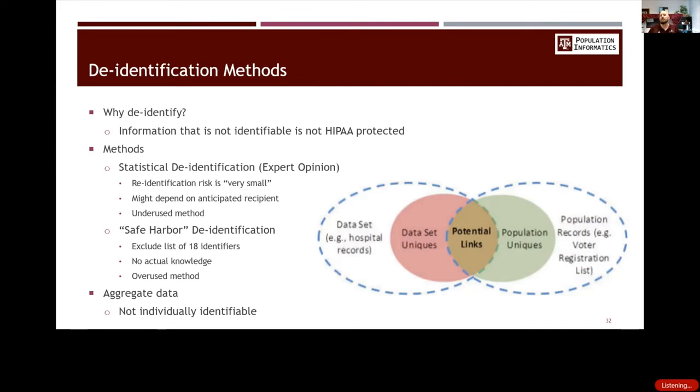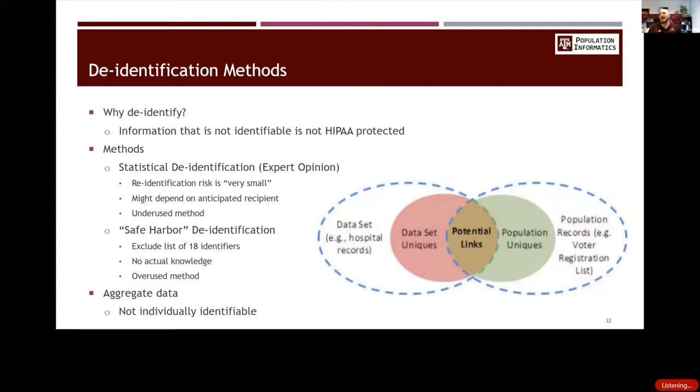The other is what is known as the safe harbor de-identification method. This is a way overused method to de-identify data. It's often used where it doesn't need to be used. More on that later. But it's a very easy way to de-identify data because all you need to do is exclude, remove, or redact a list of 18 types of identifiers from that data.